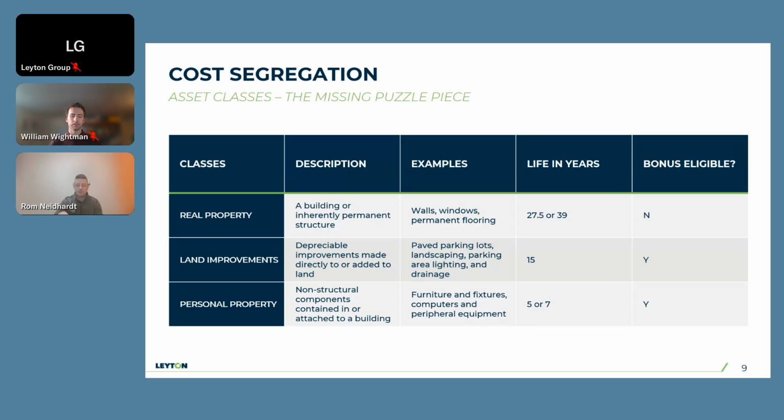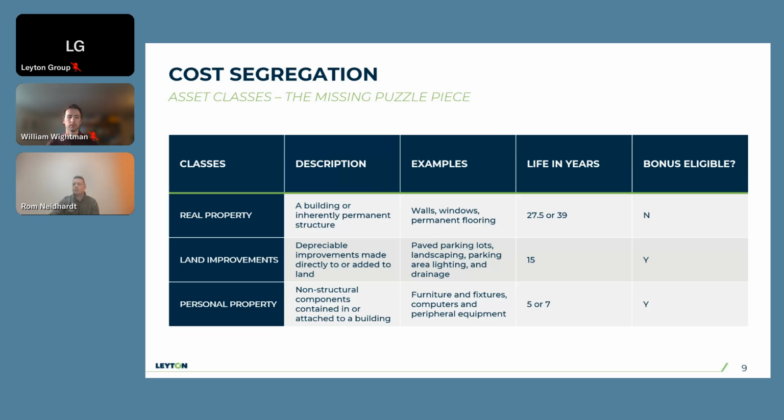Basically, anything within the structure that is deemed to not be structural, you can put into that 5 or typically 7-year asset class. That is 8 times as fast, right? Even if you don't take bonus depreciation, you're still getting 8 times the depreciation deductions for accelerating those assets into that 5 or 7-year class life. And then add on top of that bonus depreciation, that extra benefit.